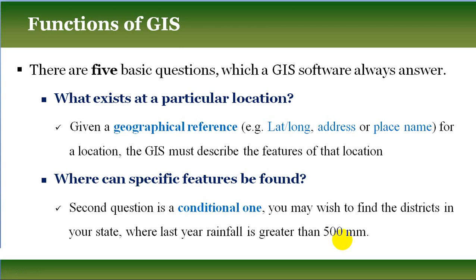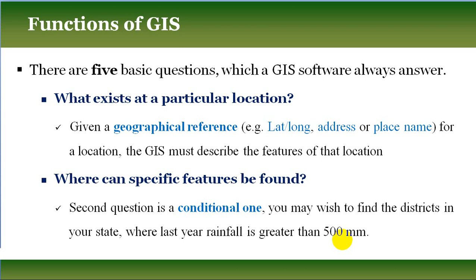In which districts is the last year's rainfall, or you may call it current year, average rainfall, greater than 500 millimeter? So GIS software, based on your condition, with the help of spatial and attribute data finds out the districts where rainfall is greater than 500 millimeter. Okay, so this is the second one.